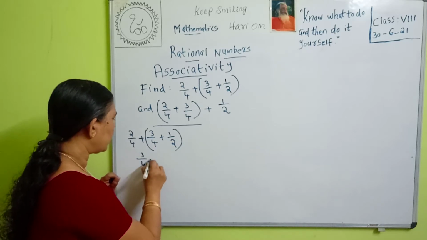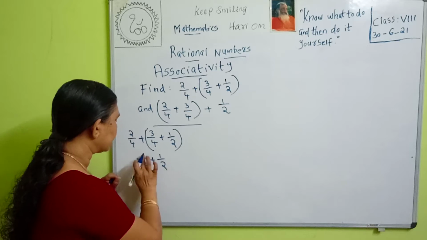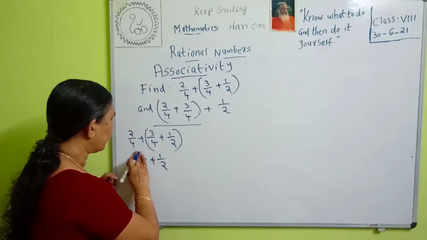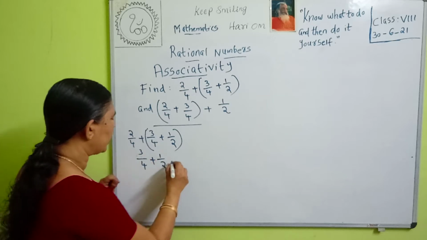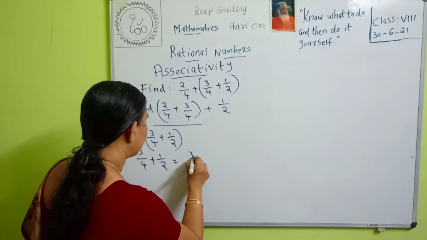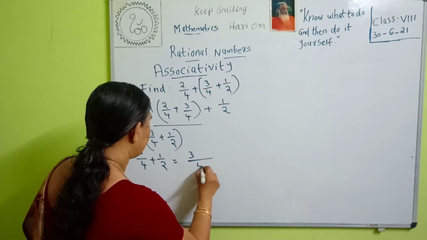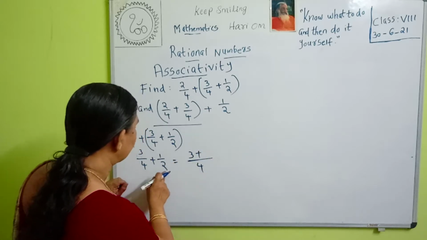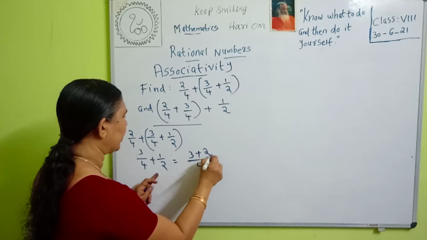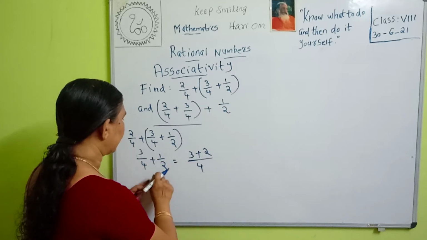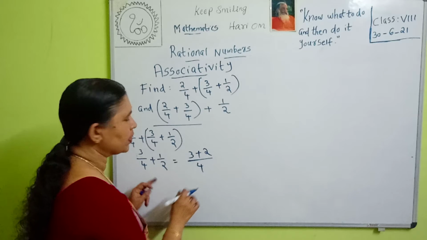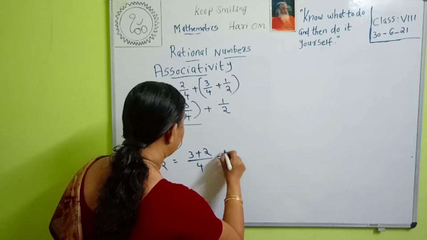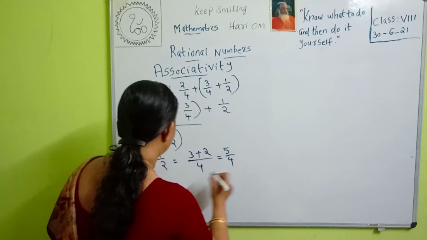3 by 4 plus 1 by 2 is equal to, here what is the LCM? LCM of 4 and 2 is 4. So it is equal to 3 by 4 plus, here we multiply this 2 by 2 to get 4. So in the numerator also we multiply by 2. 2 twos are 4, then 2 by 4. Then 3 plus 2 by 4 is equal to 5 by 4.